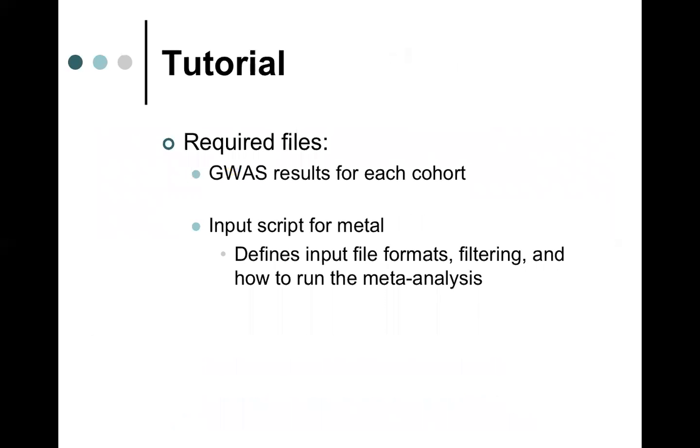But for METAL, the two key things you need to perform this meta-analysis are, of course, your GWAS results from each of the different studies that you're going to include, and then a script specifically for METAL that defines the formatting of those files and how you're going to put them together into the meta-analysis.